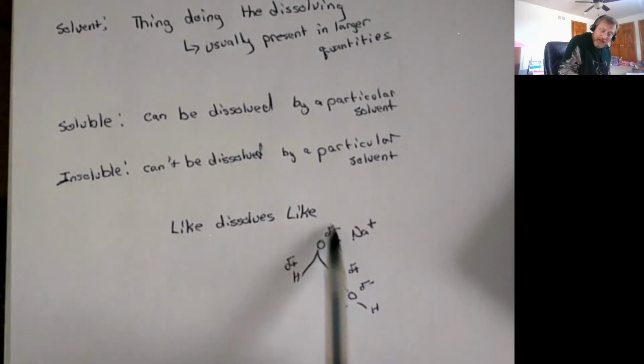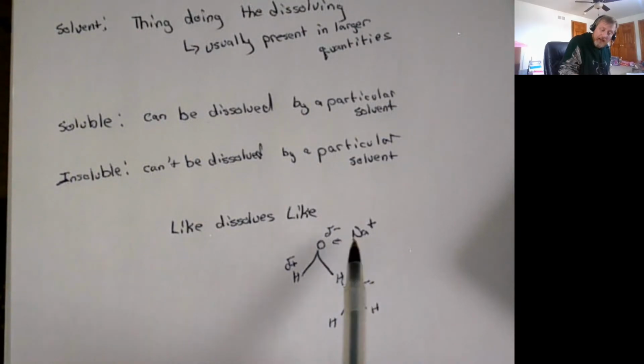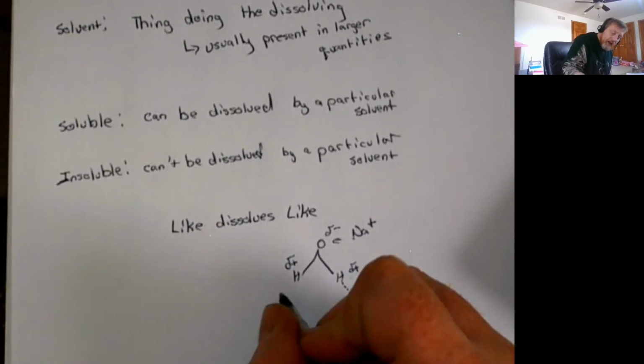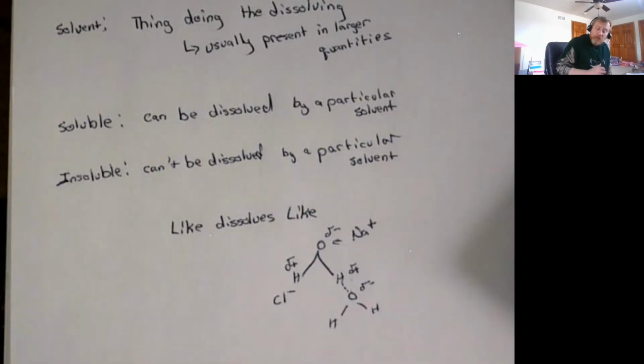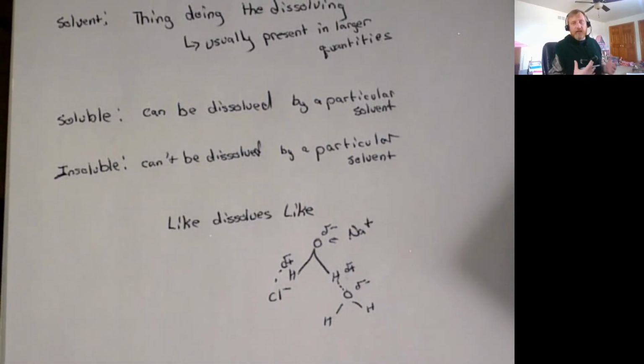If I've got some positive and negative regions here, I can interact with the positive regions of the Na, or if we had sodium chloride, the negative chlorine. And so we can get some attractions forming there. These molecules can attach, and we can dissolve. But if I had something that didn't have that polarity to it, that didn't have these positive and negative regions, then water really wouldn't have a way to affect it.